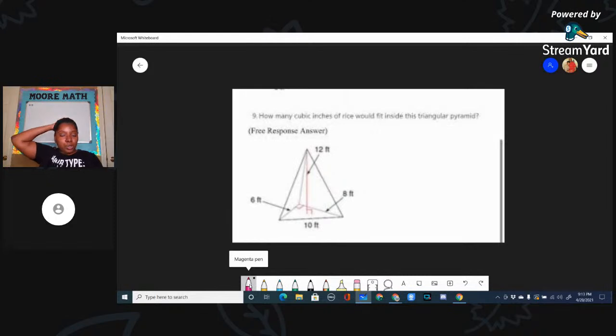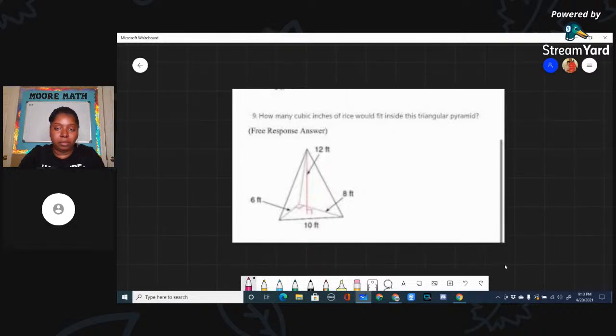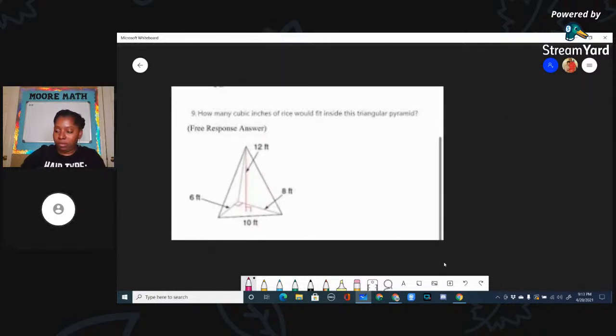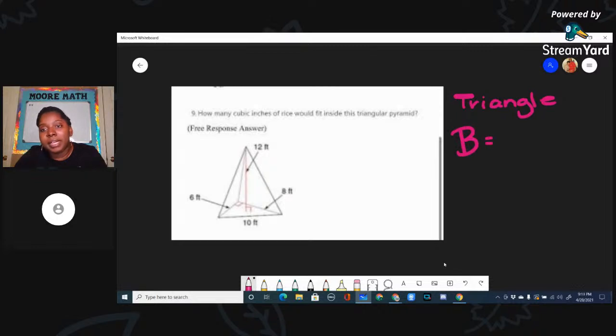So first things first, what shape is the base? A triangular pyramid. Good. So it's a triangle on the bottom. So triangle base. And what's my area for a triangle base?